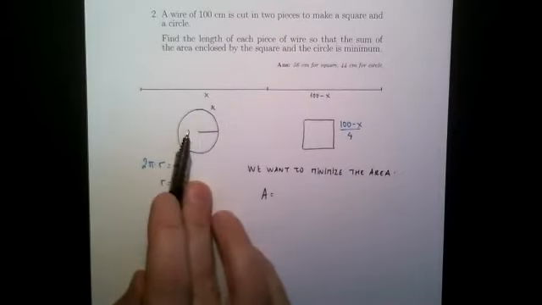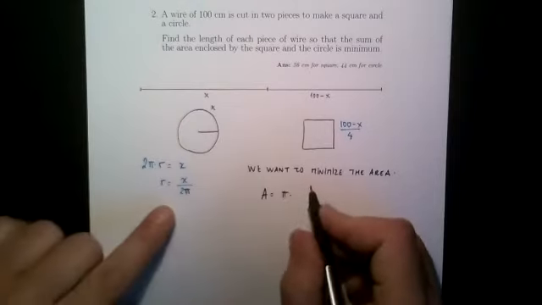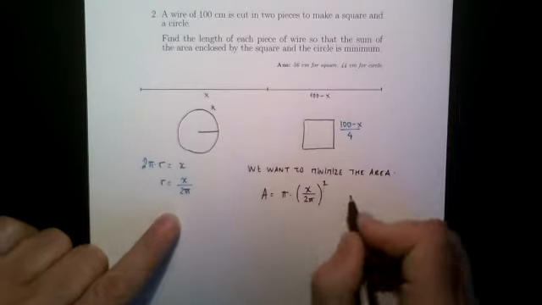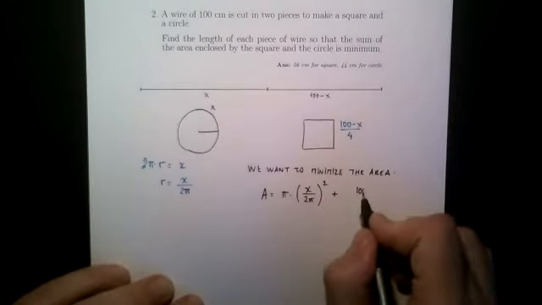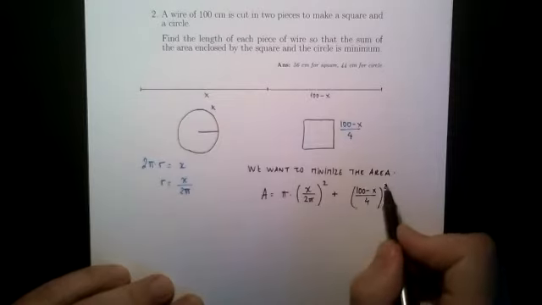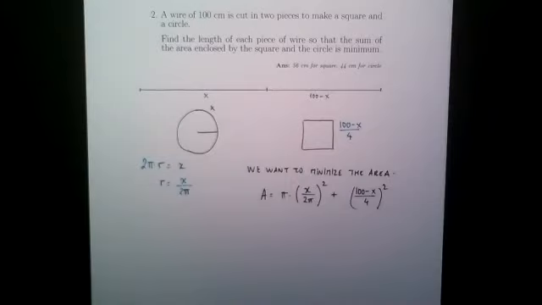It's the area of the disk, which is pi r squared, so pi times the radius, x over 2 pi, squared, plus the area of the square, which is side to the power 2. So this is what I want to minimize. Let's simplify it a bit.